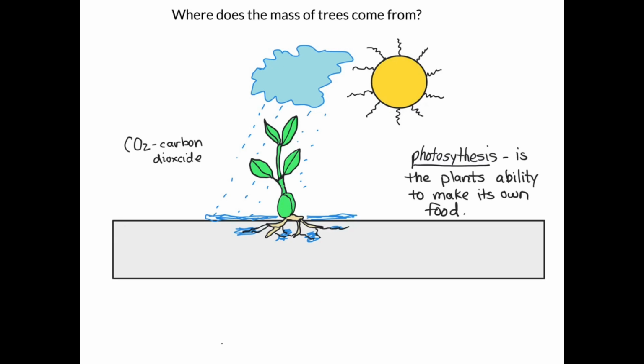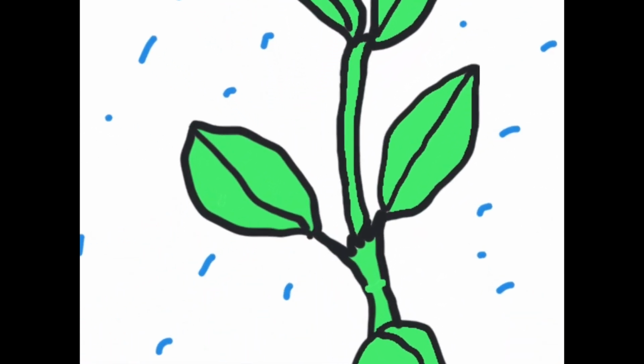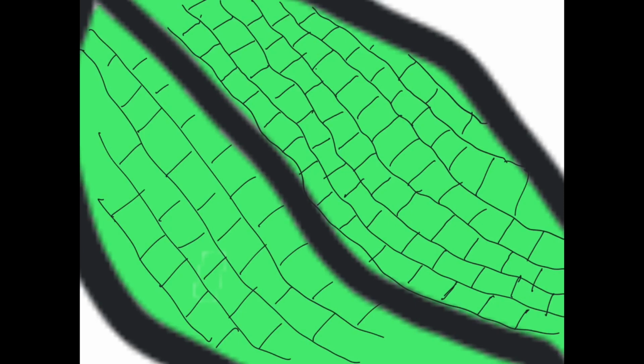Let's take a closer look at the leaves and see what's happening during photosynthesis. A plant's leaves contain thousands of rectangular shaped cells. And in those cells, there are organelles called chloroplasts. So let's take a closer look at one plant cell.